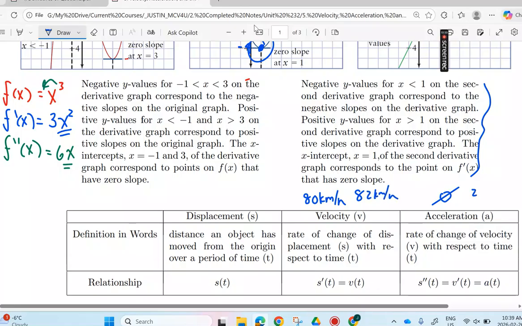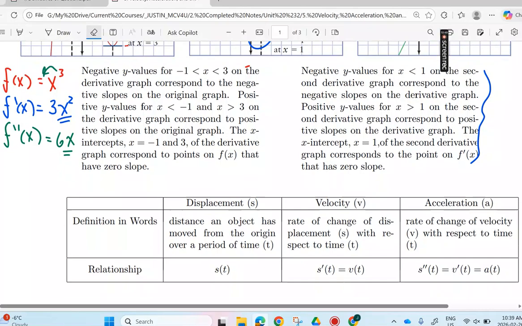So we can say it's 2 kilometers per hour. You're changing per, let's say, per hour. So your speed is changing at 2 kilometers per hour per hour. Okay? So that's the difference between acceleration and velocity. Now let's apply this.